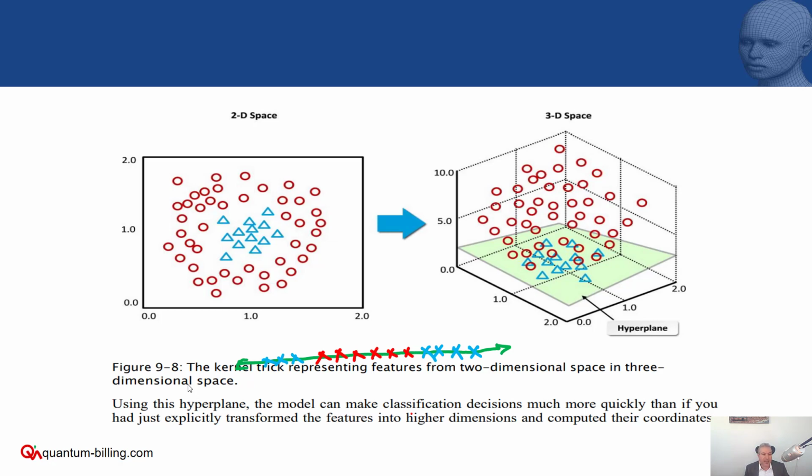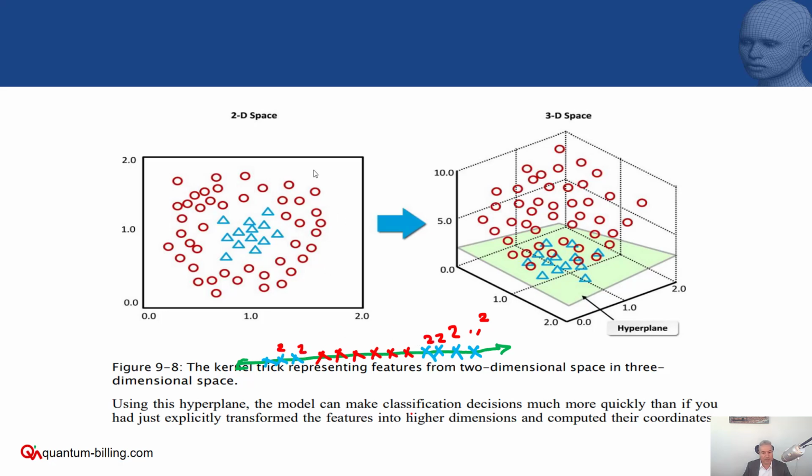We apply a trick called the polynomial trick, where we transform the data into another shape. Instead of a line, we apply a square to every point. We are going to square every point.